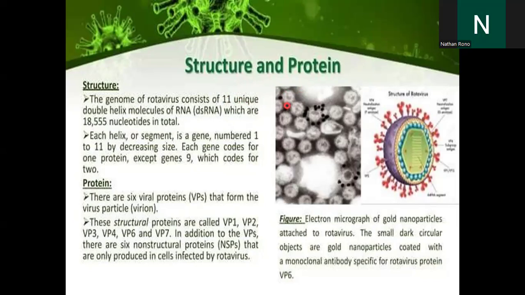So for positive sense RNA, that's the pathway it will take. Okay? But for negative sense RNA, it can't be directly translated to the proteins. So what happens is it will need to be copied first into a positive sense RNA by an enzyme called RNA polymerase.